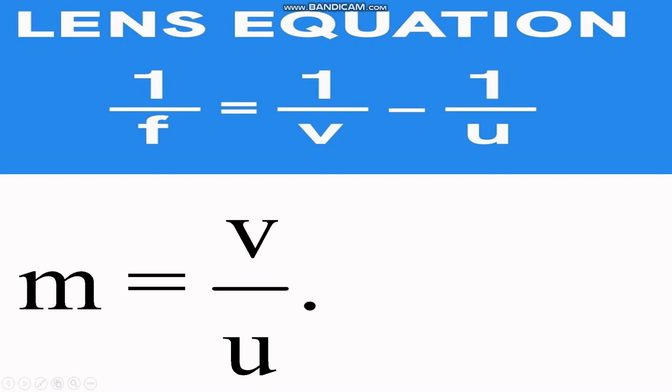And magnification is given by m = v/u, which is also equivalent to I/O, where I is the height of the image and O is the height of the object.